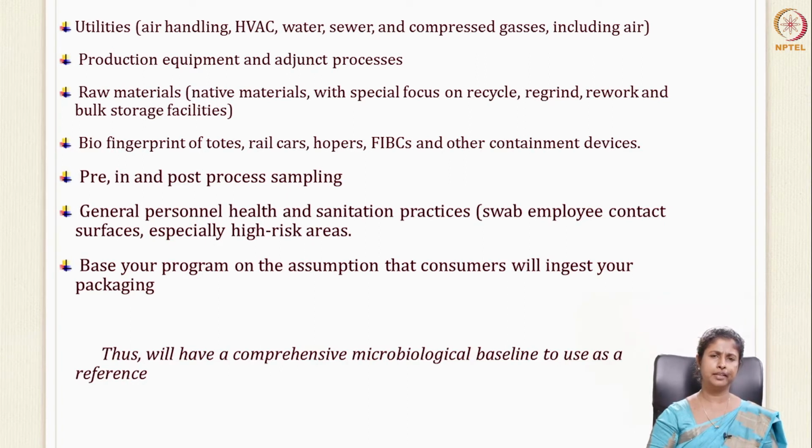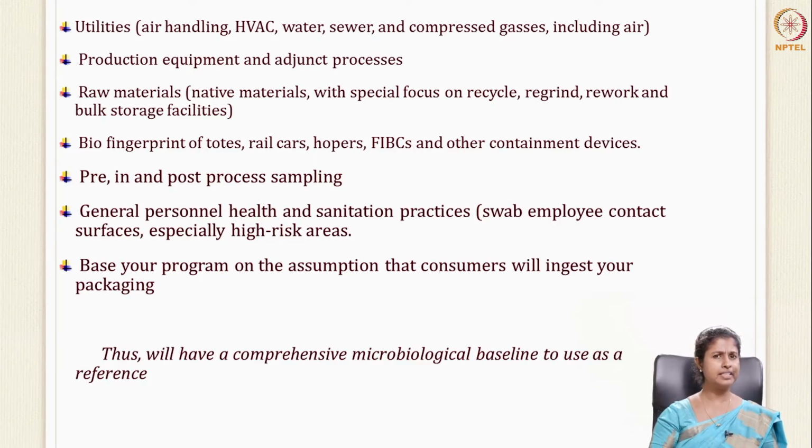The pre, in and post-processing sampling should be done. That is before processing, during the process and after the processing. See that sampling is done regularly to see that the quality is maintained. And the last one is very important: general personal hygiene and health of the persons who are dealing with these, especially in the high-risk areas.